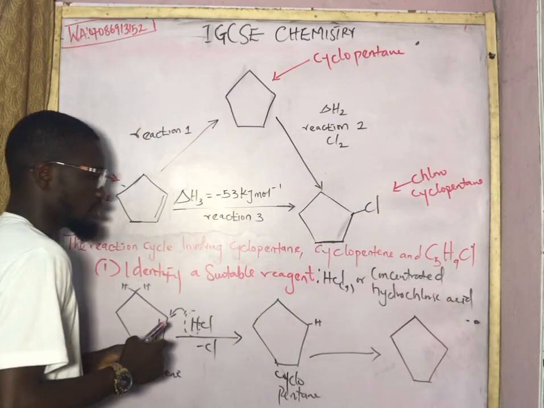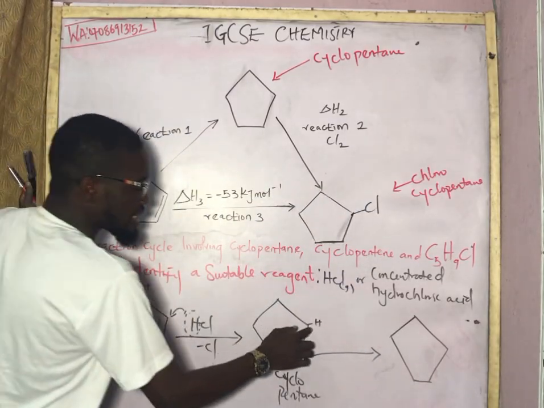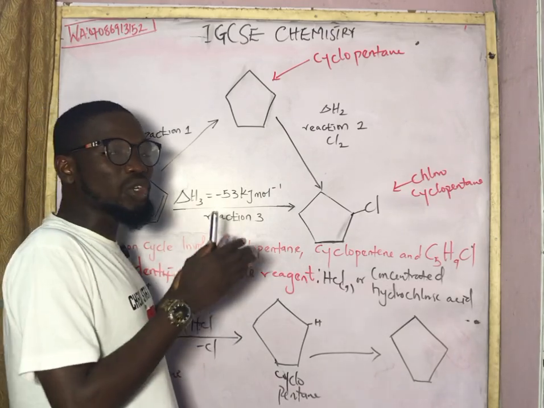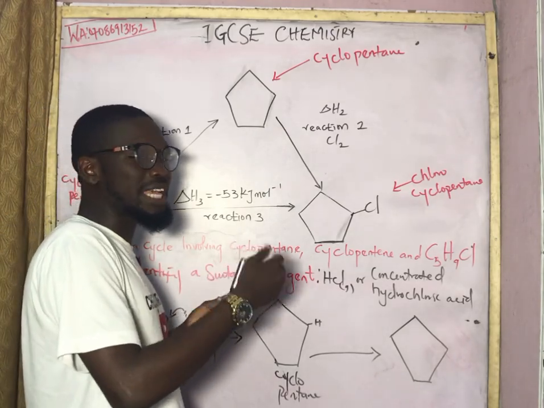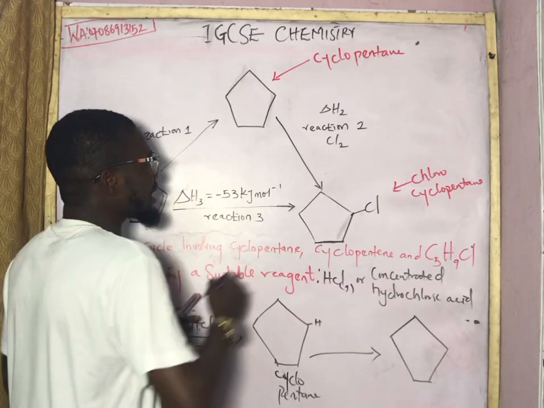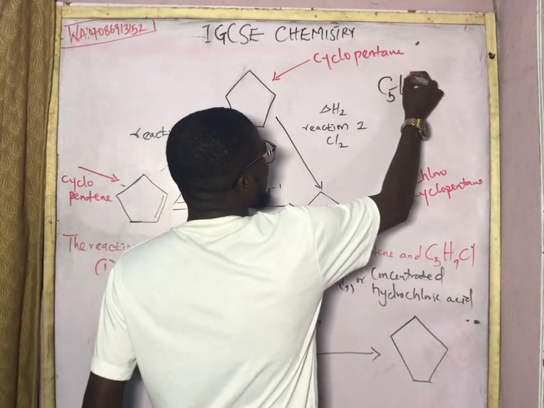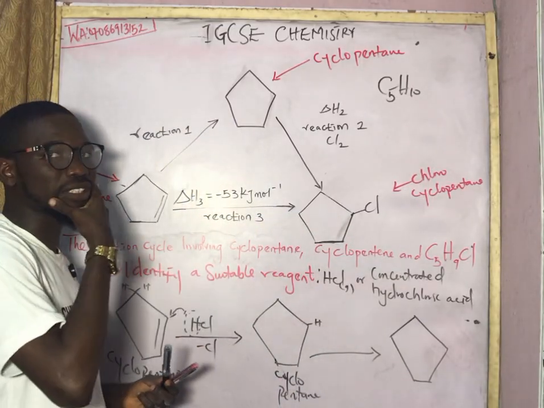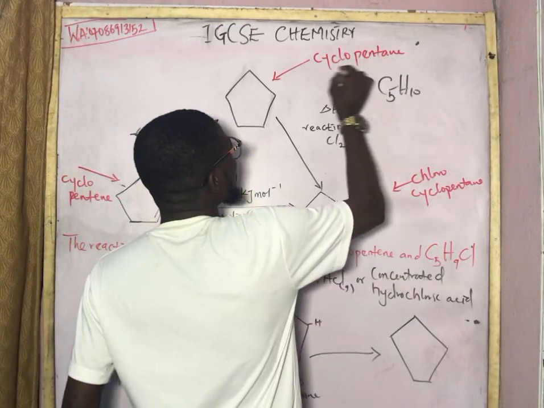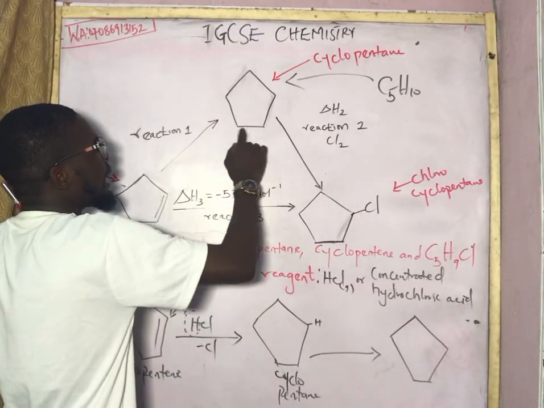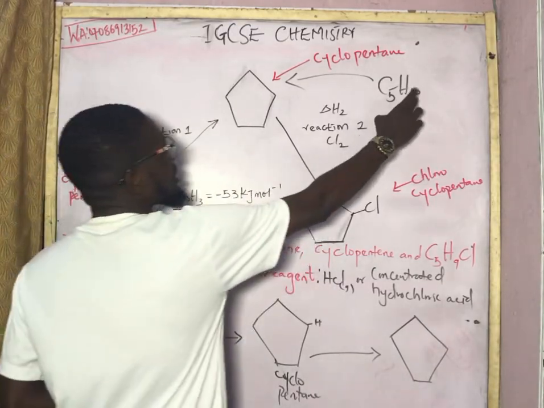Now, the hydrogen is here, and for us to have that chlorine there to make it chlorocyclopentane. So initially C5H10, I'm looking at the cyclic compound in this form. Let's say 2, 4, 6, 8, 10. We have it here.